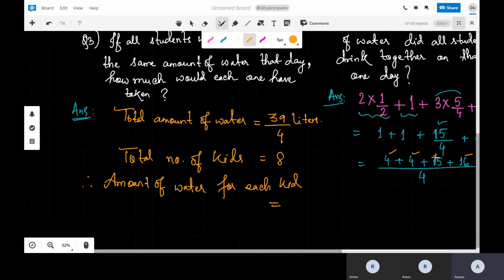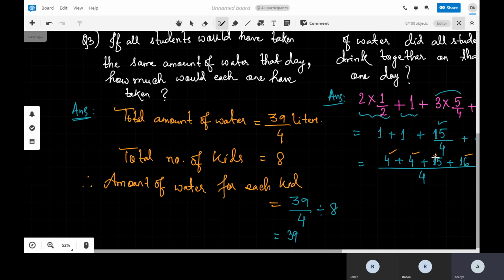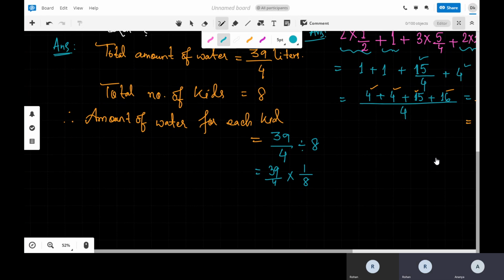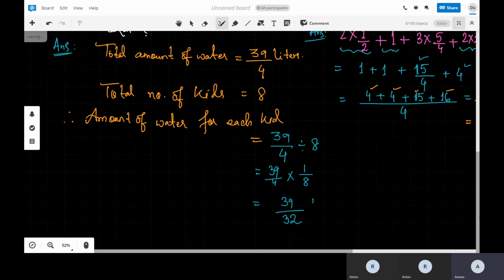Very good. Absolutely right. It's basically 39 over 4 liters divided among 8 children, right? So it is equal to 39 over 4 times 1 over 8. Correct? So that is equal to 39 over 32 liter. Don't forget the unit.